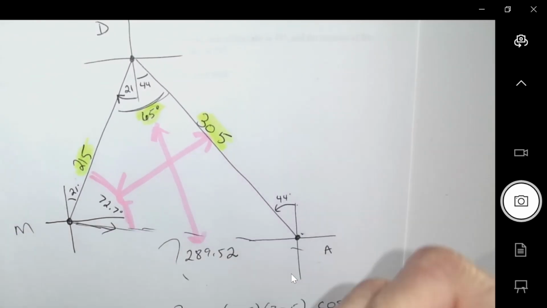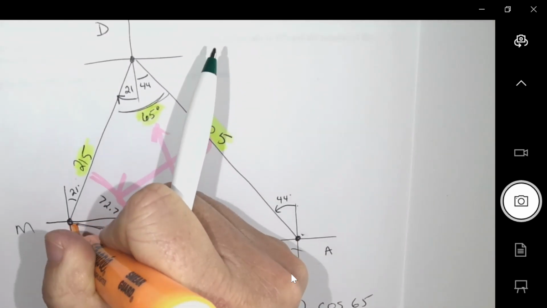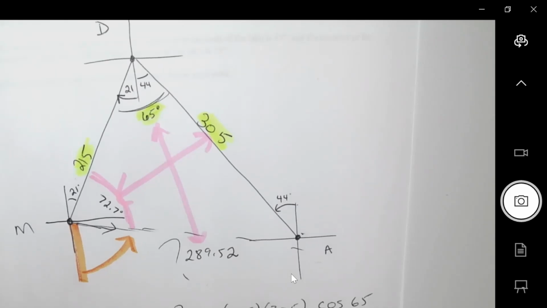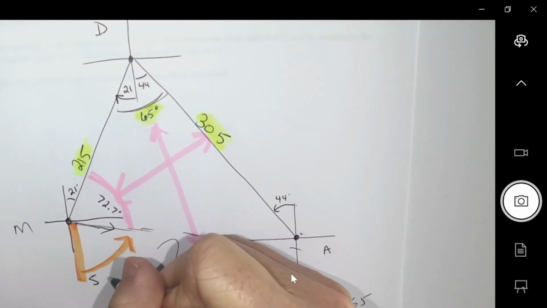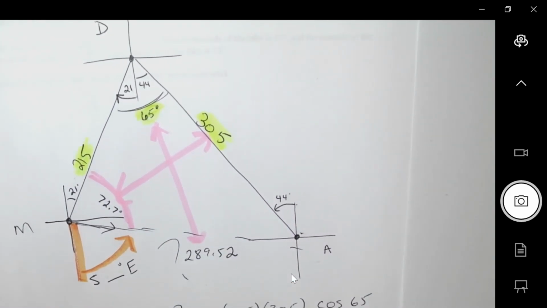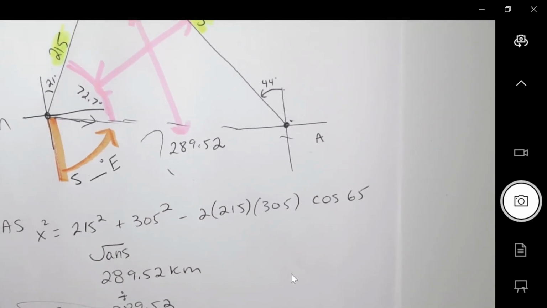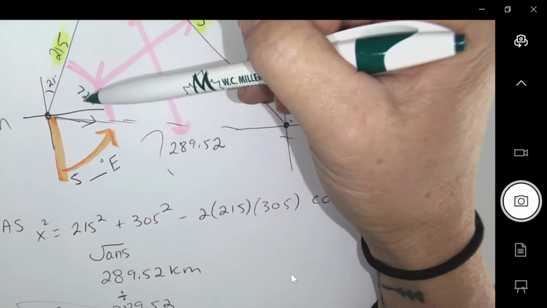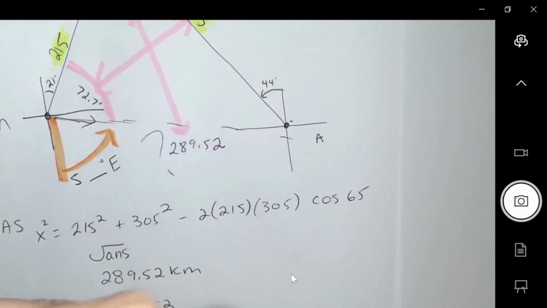Okay, I'm closer to south, so my compass bearing will be south something, and now that's to the east, right? South something to the east. So how many degrees are in that orange space right there? So we should be doing 180 minus those other ones, right? Does that make sense?